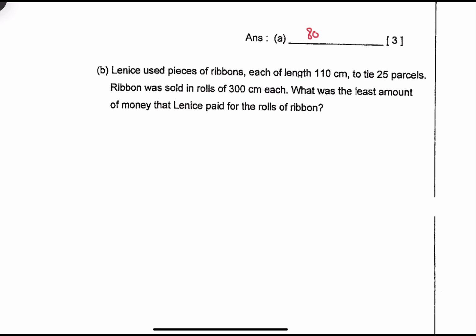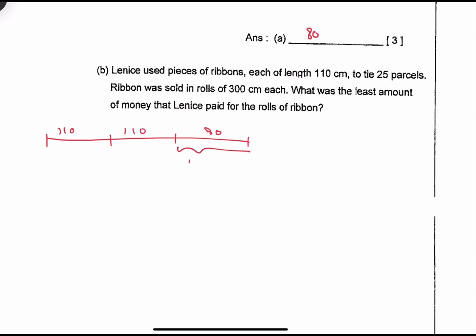Okay, mistake number 1. You do not use 110 times 25. Why? Because your ribbon is sold at 300. So let's say this is 300. Your one full ribbon, when you open it up, you cut it into 110, 110, 110. This one is 80. How do you use it to cut?